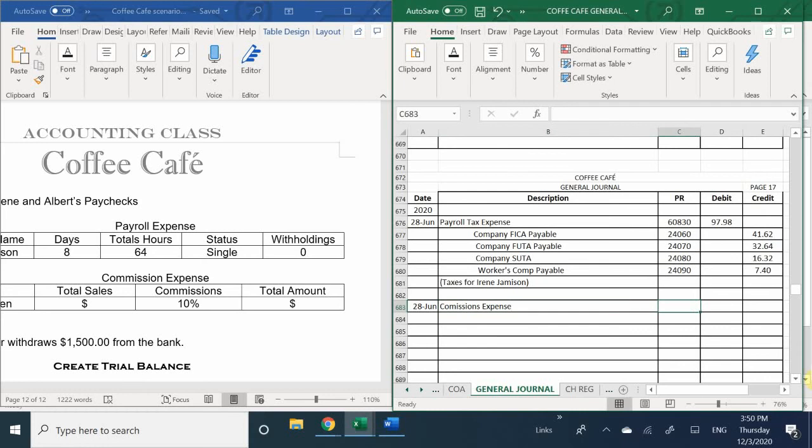And that account number is 60820. Okay. And that's going to be for the 140 and 18 cents. Mm-hmm. And then it's just going to be checking.